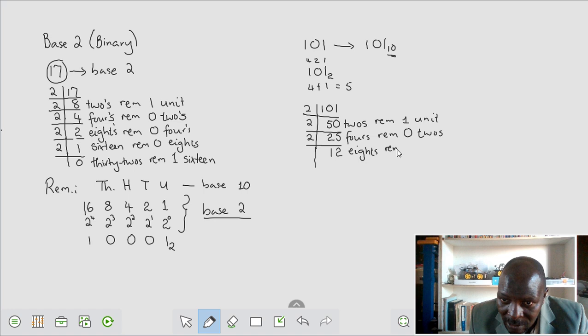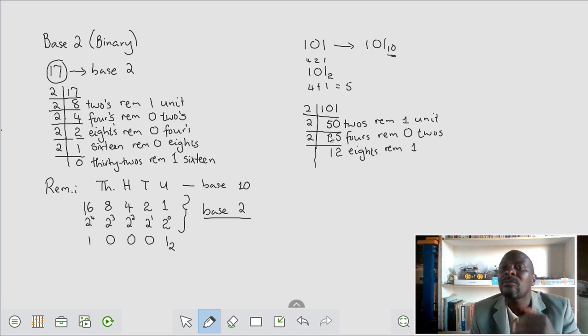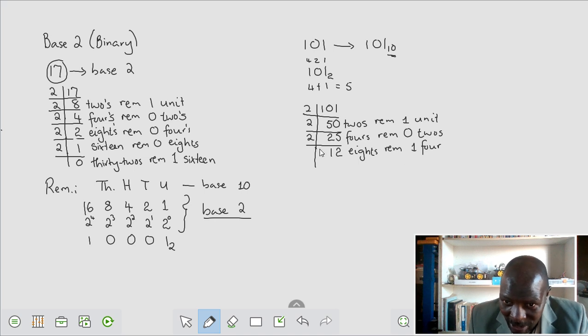But if you say we've got 12 8s, you are going to find yourself having a remainder, because 2 there, it's 12 remainder 1, and that 1 was a 4. Okay, 12 times 8 is 96. 96 plus 4 is going to be 100. Plus that 1 unit there is going to give us our 101. So you can see it works quite similarly, in fact identically, to the base 10 scenario.